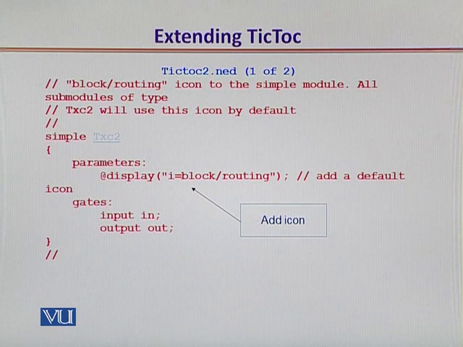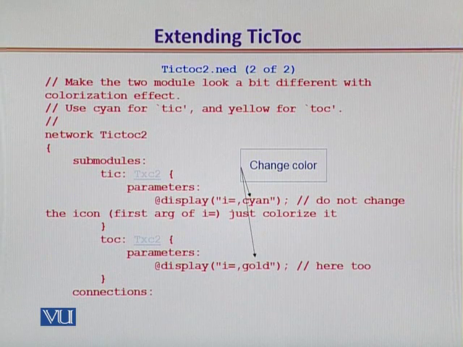Here, we already know that using the @display parameter helps us to add an icon. This icon was shown to you in the first NED file. When this icon has been added, here it is shown to you that tick as a submodule of the txc2.cc class library and talk as another txc2.cc class, each is identified as a different submodule.